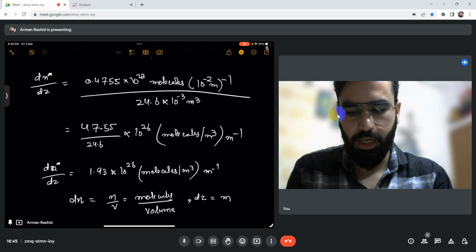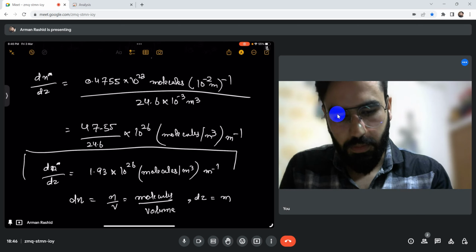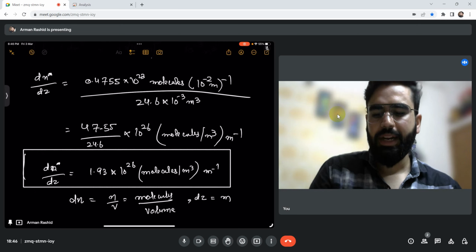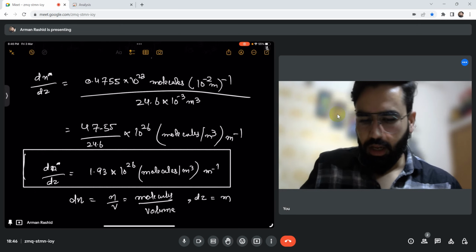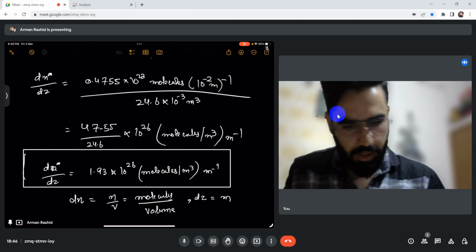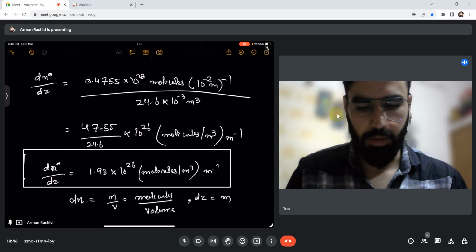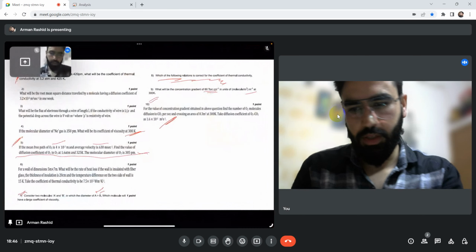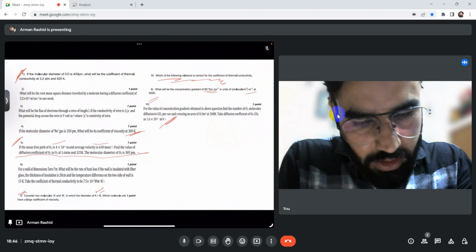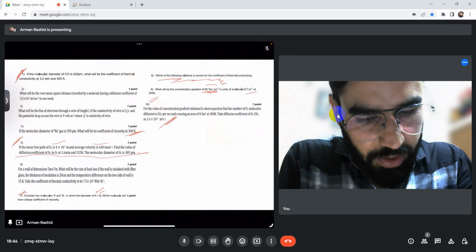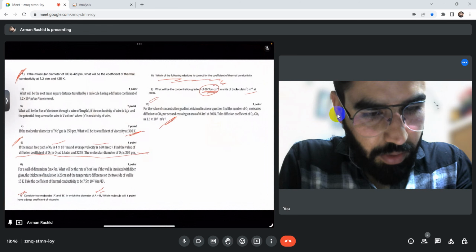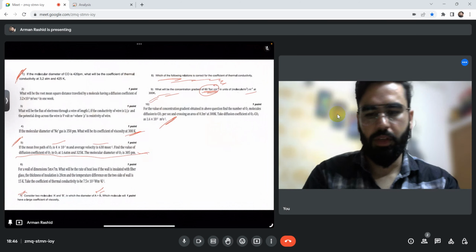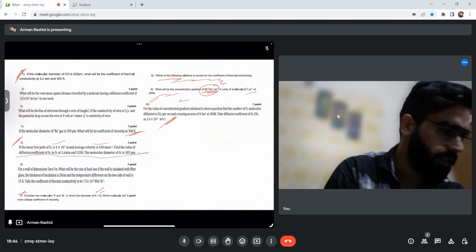So the total unit of number density gradient will be molecules per meter cube and then per meter. Okay, so that is what has been asked before in the question also. What will be the concentration gradient of this torr per centimeter? Pressure gradient was given in units of molecules per meter cube per meter at 300 Kelvin. Okay, so we solved that equation.